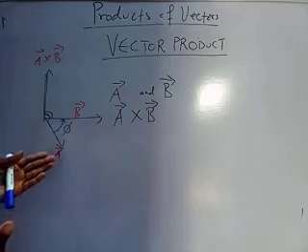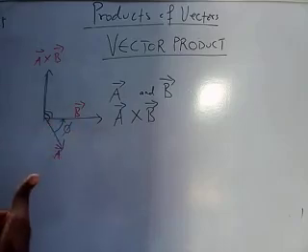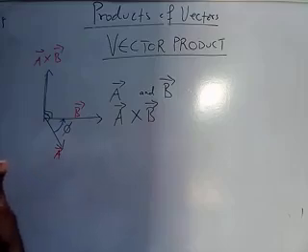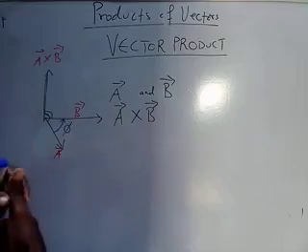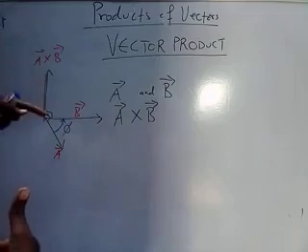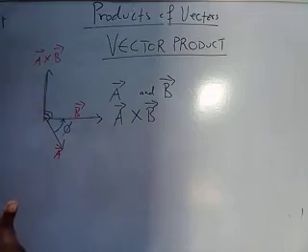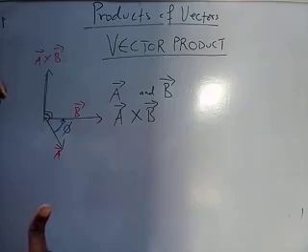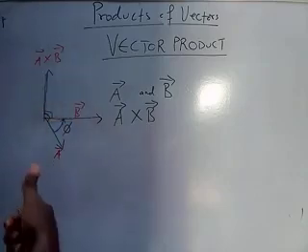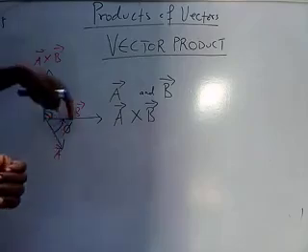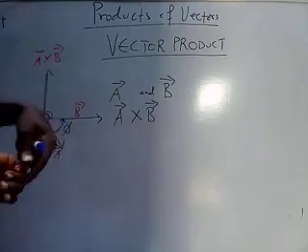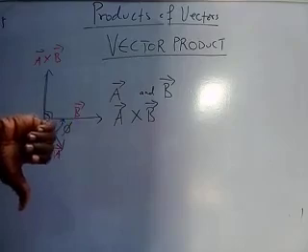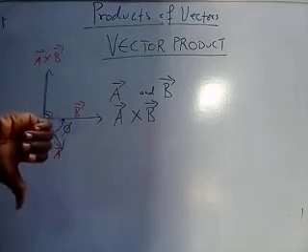Now vector A towards vector B, the direction A towards B, so the vector product is pointing upwards. If it is B moving to A, meaning B towards A, the vector product will be pointing downward.